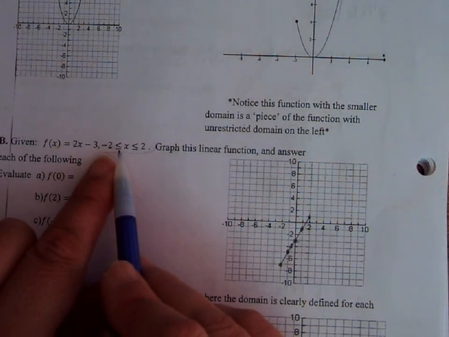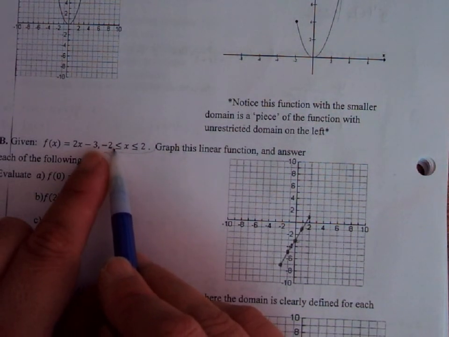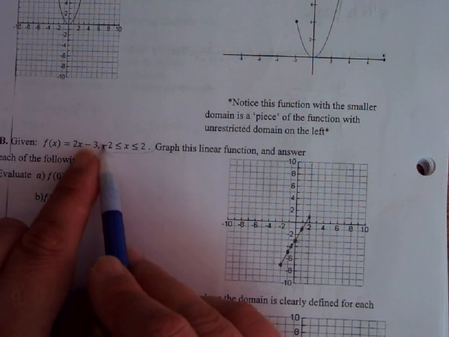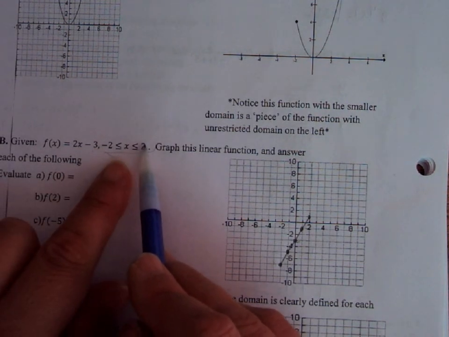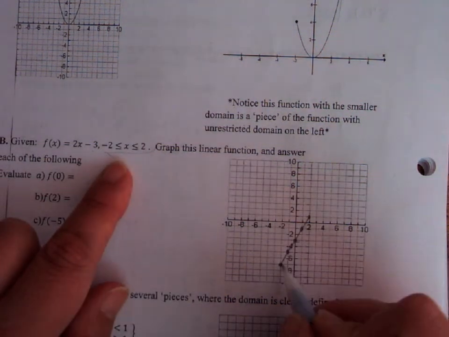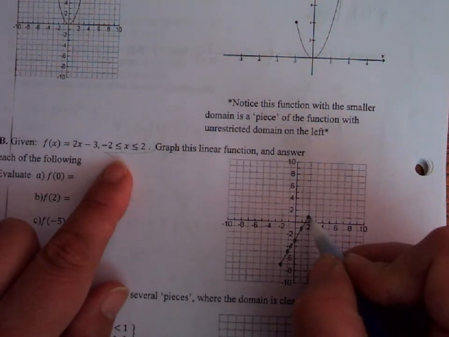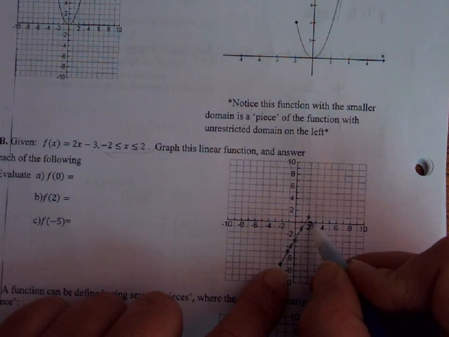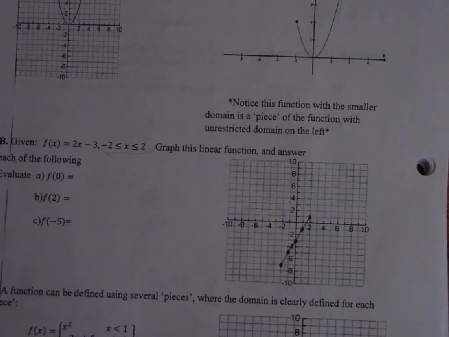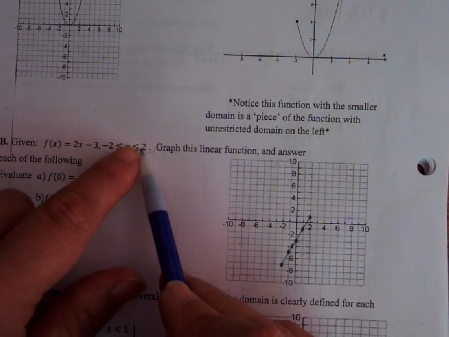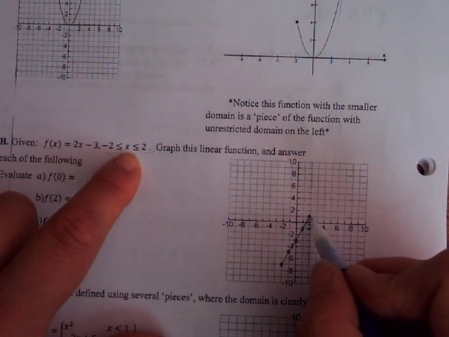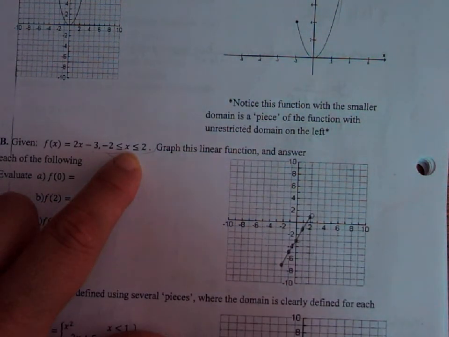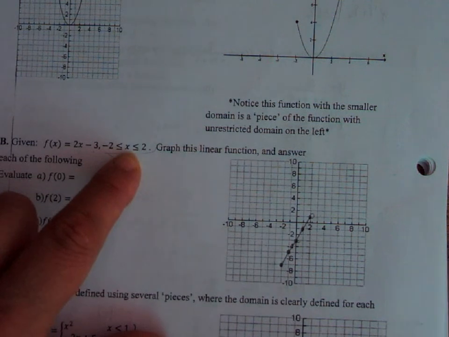And if the domain is telling you that it is, let's say, greater than or equal to -2, so -2 is included here, right? And it is less than or equal to 2. 2 is included. If that is the case, you cover those points, okay? If it was only less than 2, let's say, not less than or equal to, then you would put a hole here to show that that point is not included.